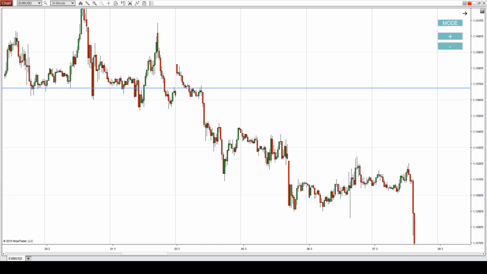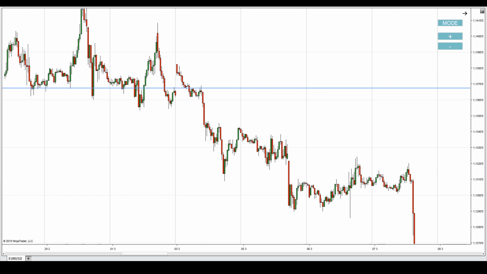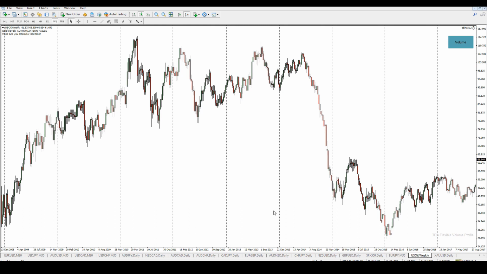So let's jump into a weekly time frame and let's have a look at the crude oil. All right, so this is the crude oil, a weekly chart. Let's start in here in 2011. As you can see, there was a very long rotation and there was a balance between sellers and the buyers.